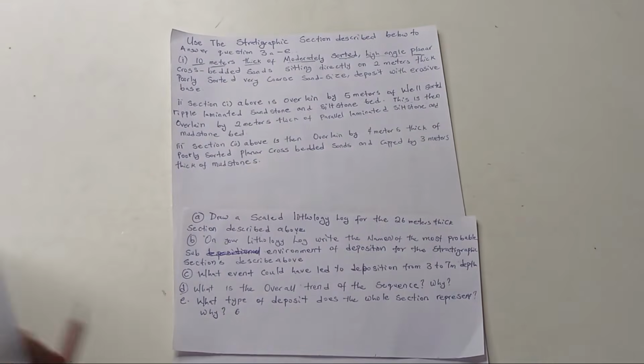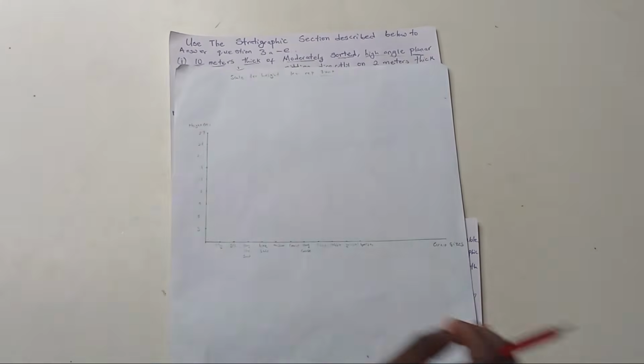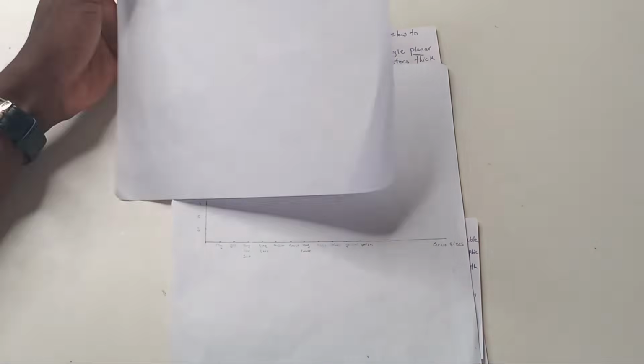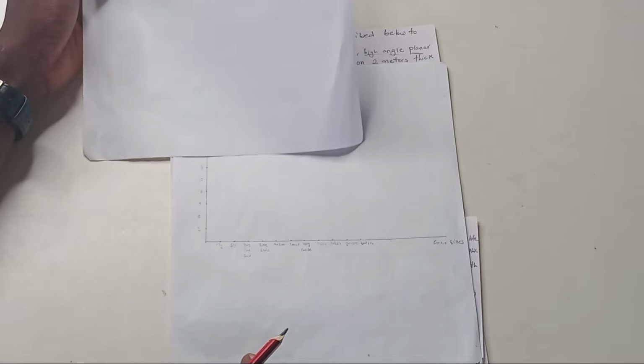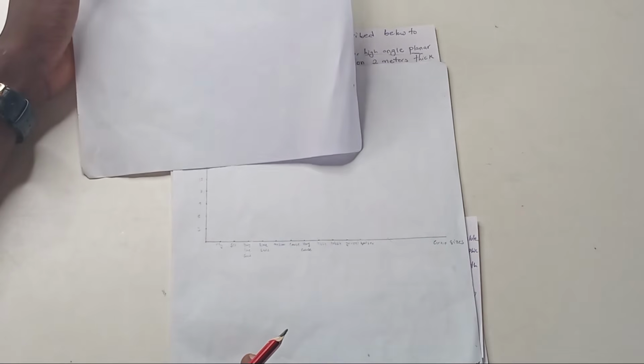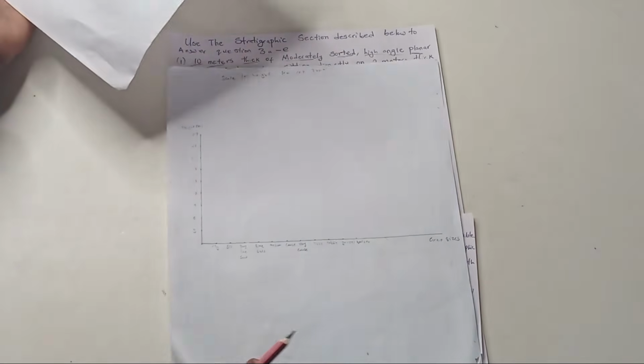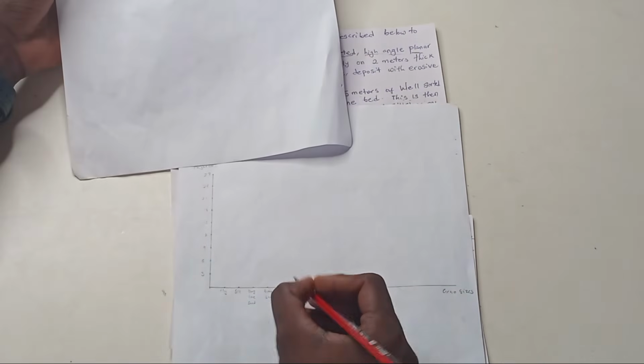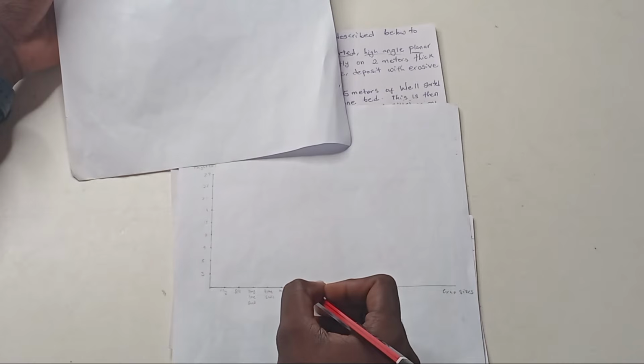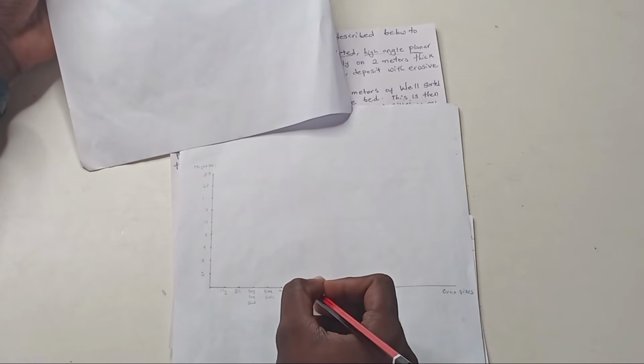Now let's move on to sketching. From our sketch, we have an idea of what we're going to do, right? So we're moving from quartz, from down. They mentioned quartz, so we draw this quartz region.